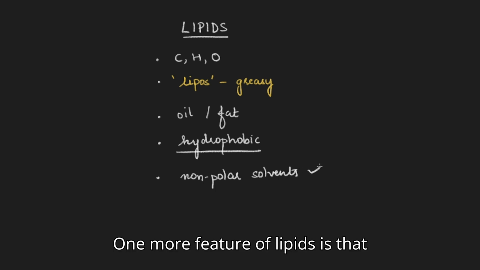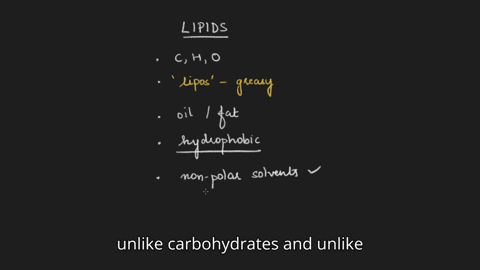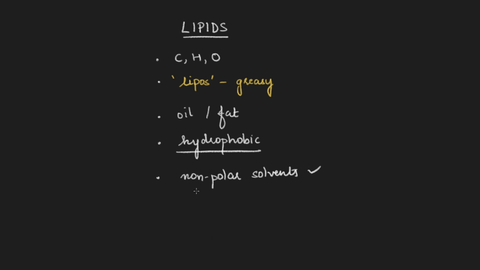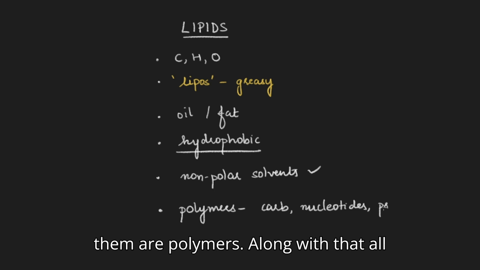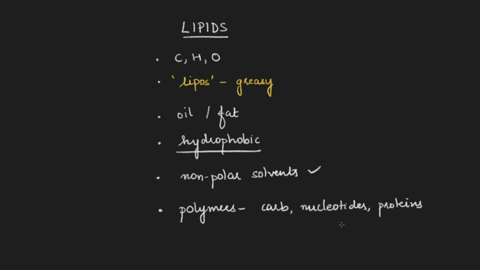One more feature of lipids is that unlike carbohydrates and proteins, lipids are not polymers. Your carbs, nucleotides, and proteins are all polymers, and all of them are also macronutrients.